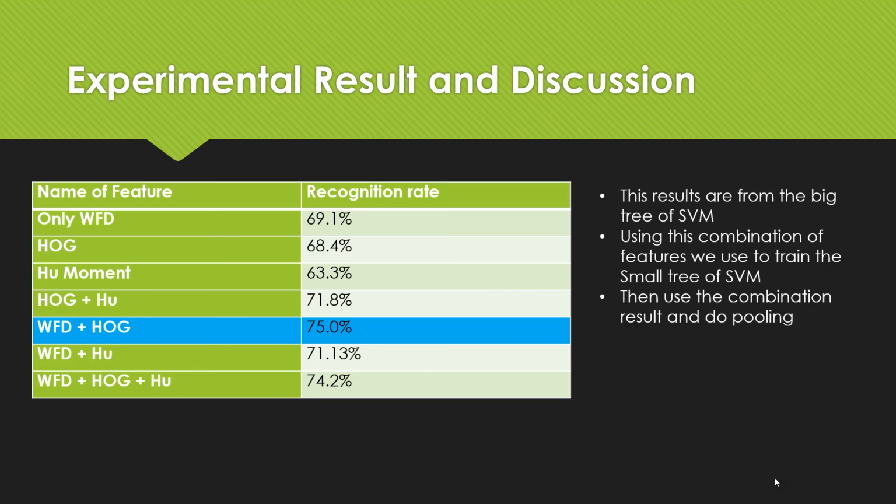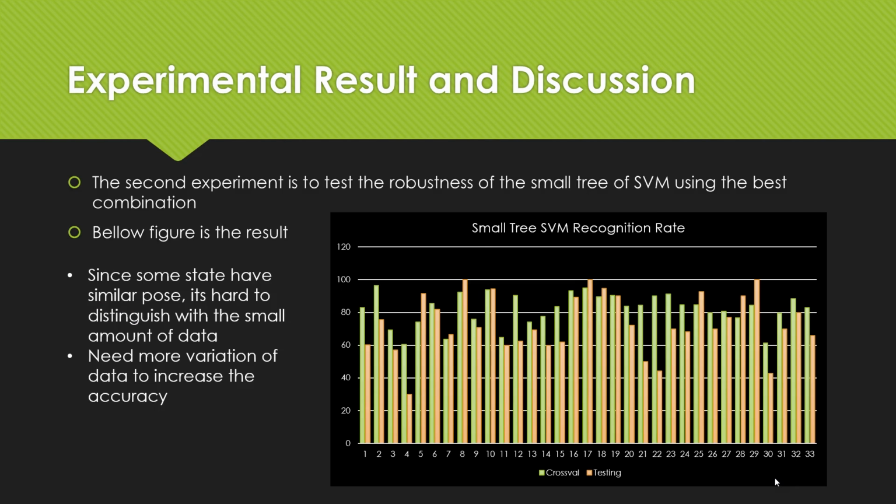Here we use the big tree SVM as the test, and we got 75% correct recognition. Then we use this best combination to test the small tree SVM, and we got around 83%.